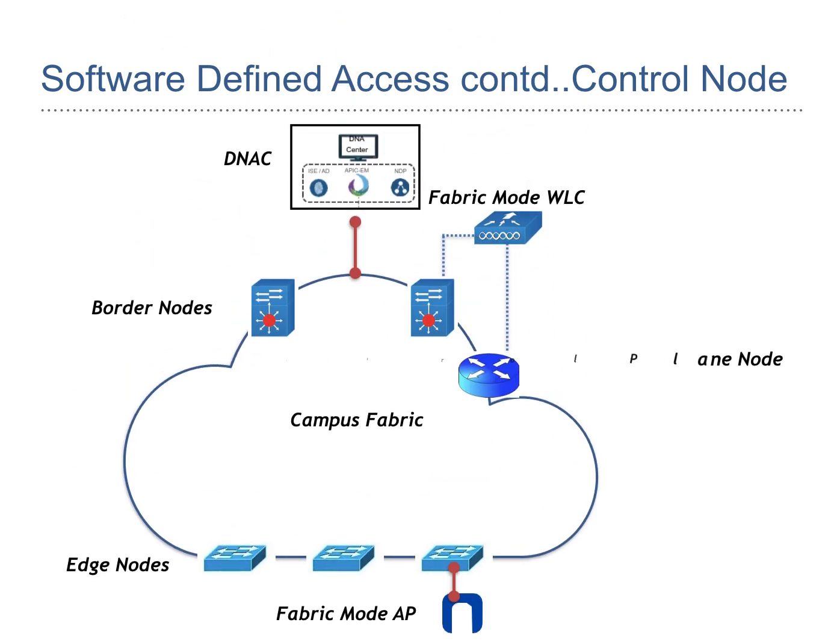The fabric control plane node is based on the LISP map server / resolver concept. LISP is nothing but the Locator ID Separation Protocol, which has been around for almost 5 or 6 years. It is a very simple concept which helps you identify where your endpoints are sitting and create an overlay between endpoint to endpoint based on the request, right?